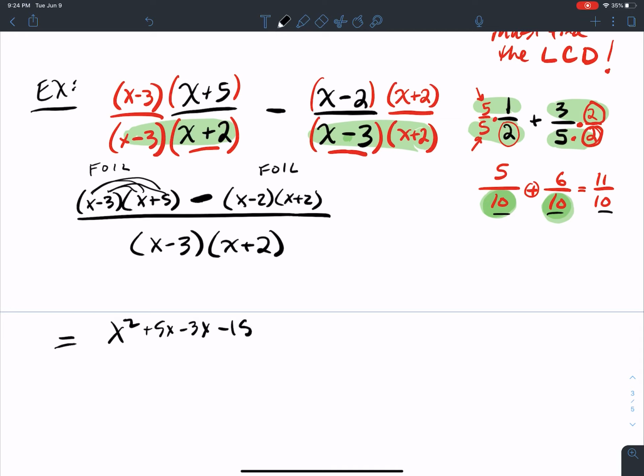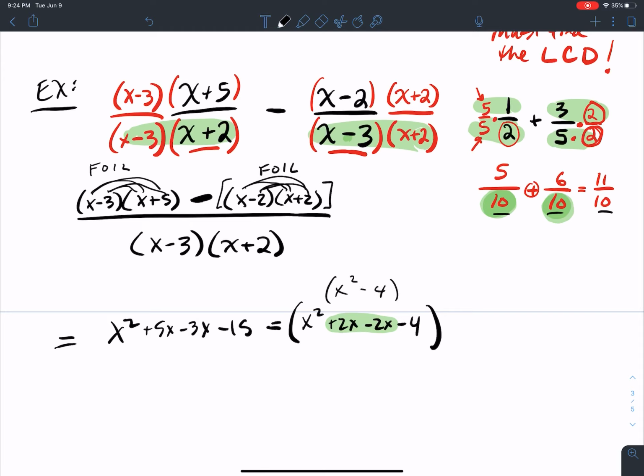Now I'm going to handle this minus sign in a little bit, but for now, I'm just going to put a big old parentheses. And we'll FOIL here, that's x squared plus 2x minus 2x minus 4. Okay, it looks like the middle terms cancel. So this just gives me x squared minus 4.